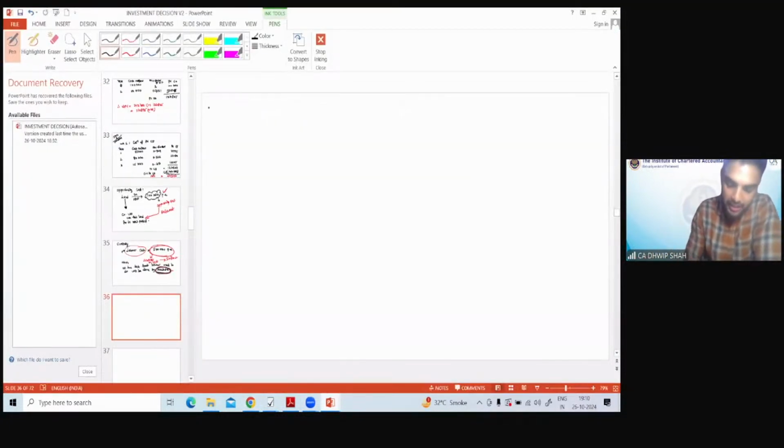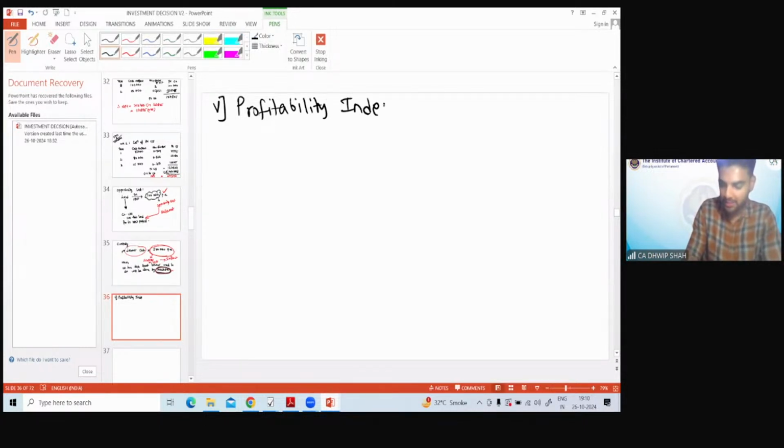Now, next technique. Technique number 5. Profitability index.